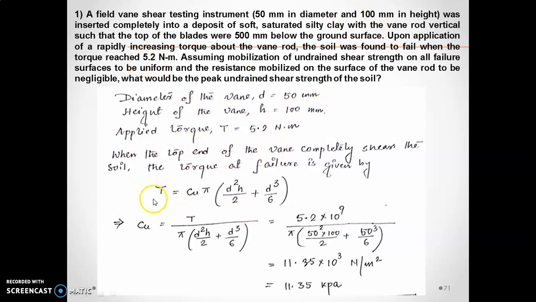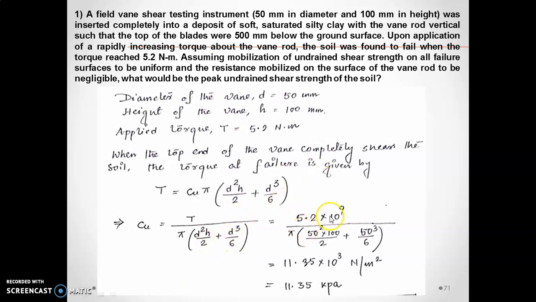We use the formula when the top end of the vane completely shears the soil; the torque at failure is given by T is equal to Cu pi into d square h by 2 plus d cube by 6. When you write it in terms of Cu, Cu is equal to T divided by pi into d square h by 2 plus d cube by 6.